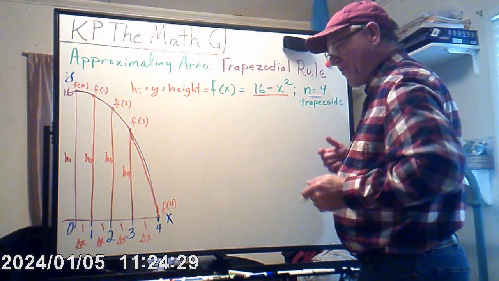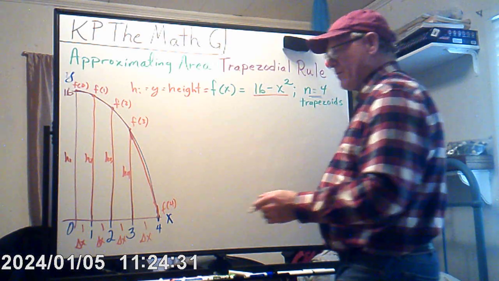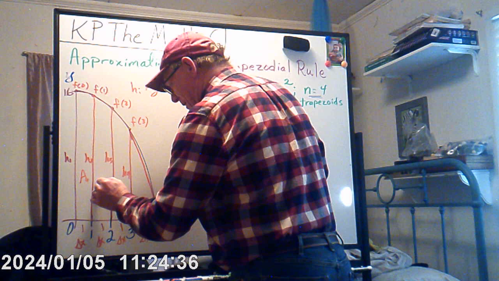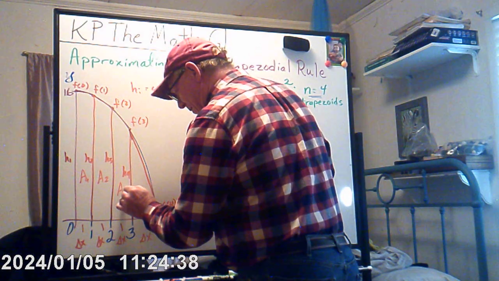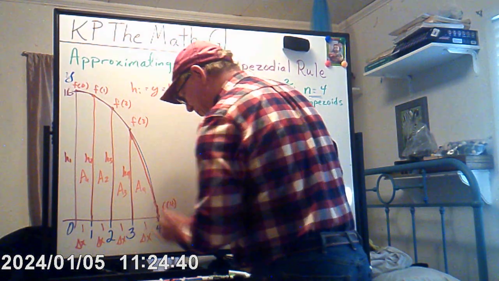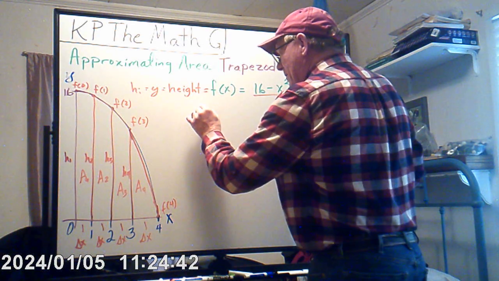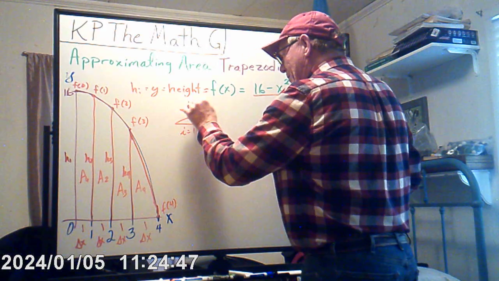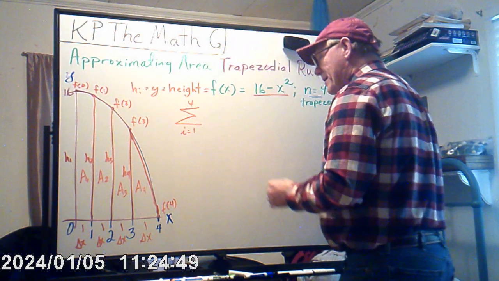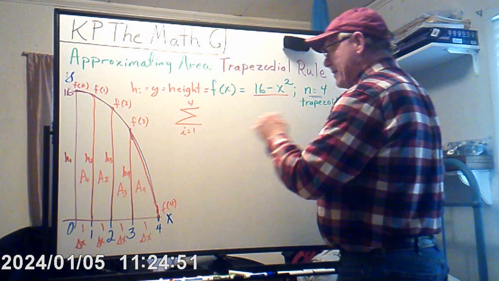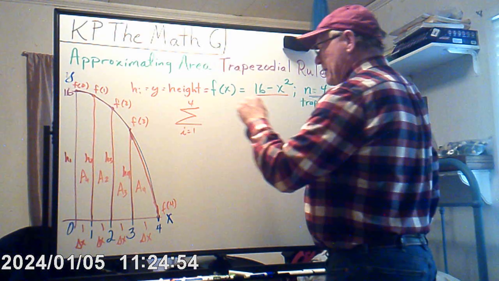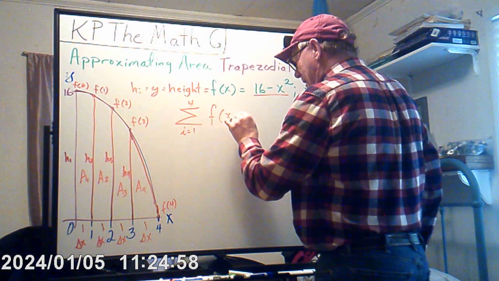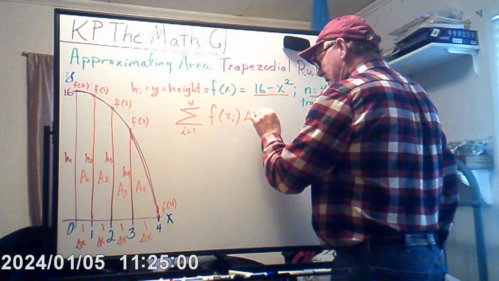We're going to have 4 trapezoids. We want to look at these areas. This is area 1 plus area 2 plus area 3 plus area 4. We're going to sum them up from i equals 1 to 4, and we're going to come up with f at xi delta x, like this.